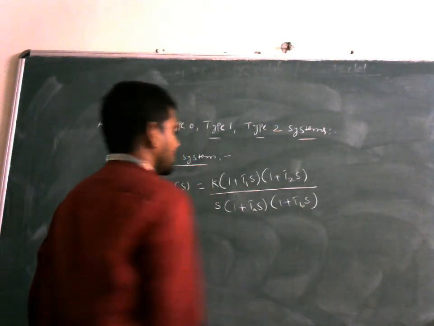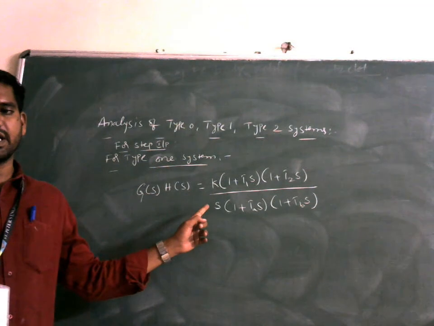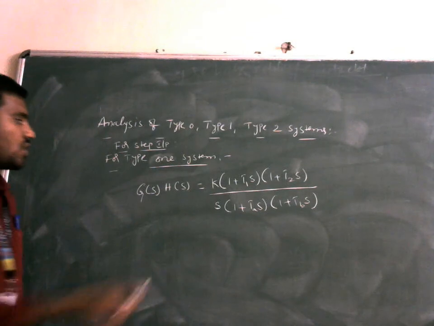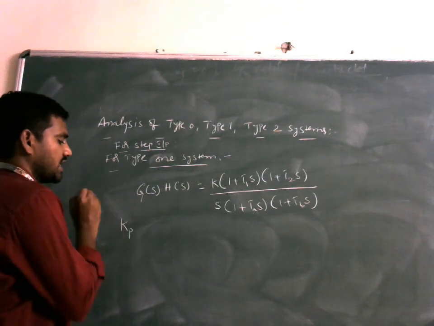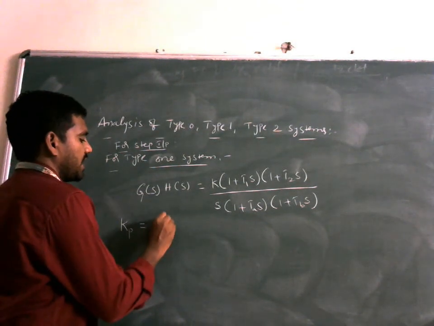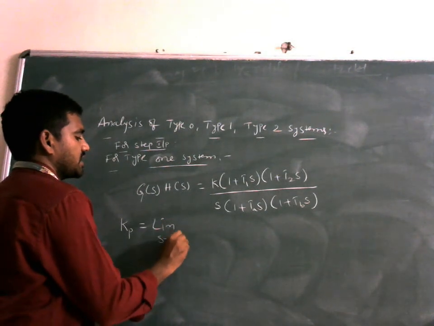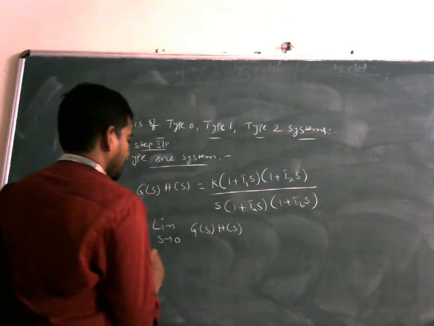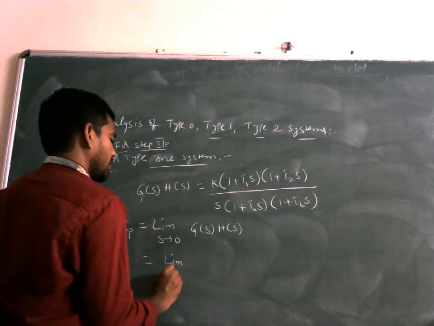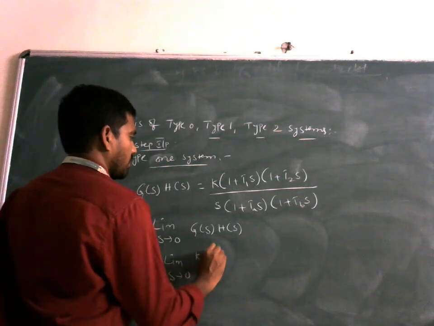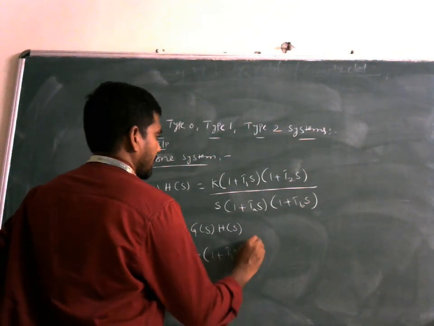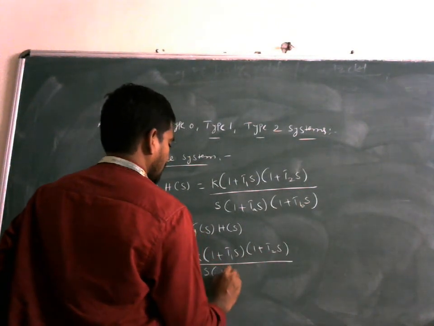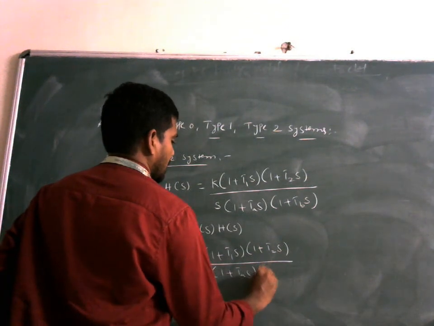See here, what is the difference? In the last case we do not have an s here, because that is a type 0 system. Now this is a type 1 system. Apply the same thing: Kp, the position error constant, is equal to the limit as s tends to 0 of G(s)H(s). Now what will happen? Limit as s tends to 0 of K(1 + T1 s)(1 + T2 s) whole divided by s(1 + Ta s)(1 + Td s).